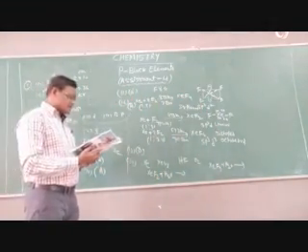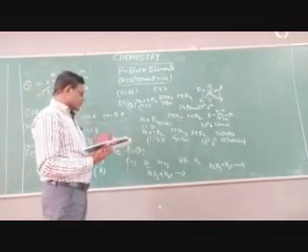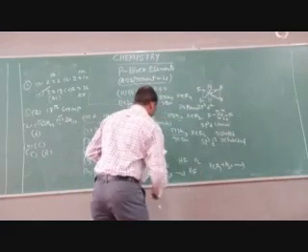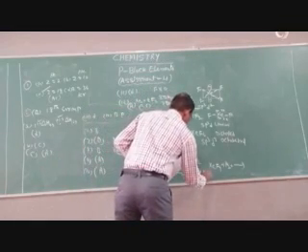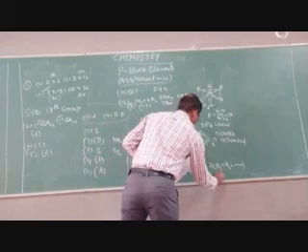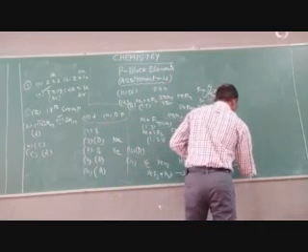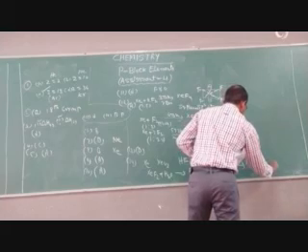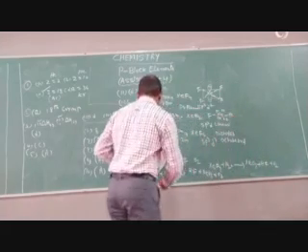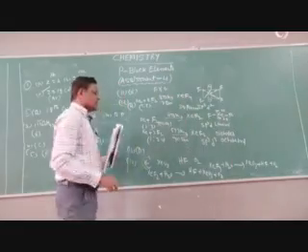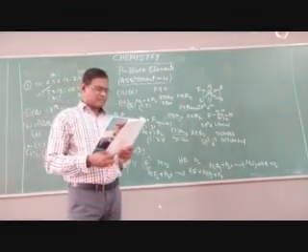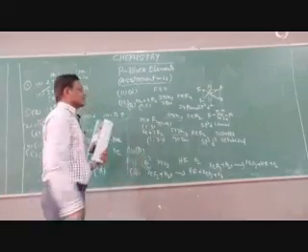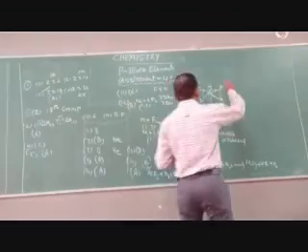XeF2 undergoes hydrolysis, forming HF, Xe and O2. XeF4 hydrolysis gives XeO3, HF and O2. Xenon is not a common product, so option A is correct.